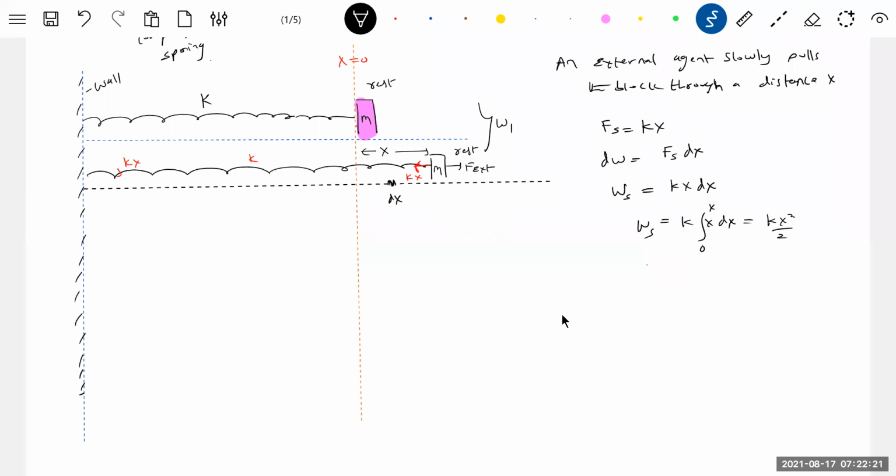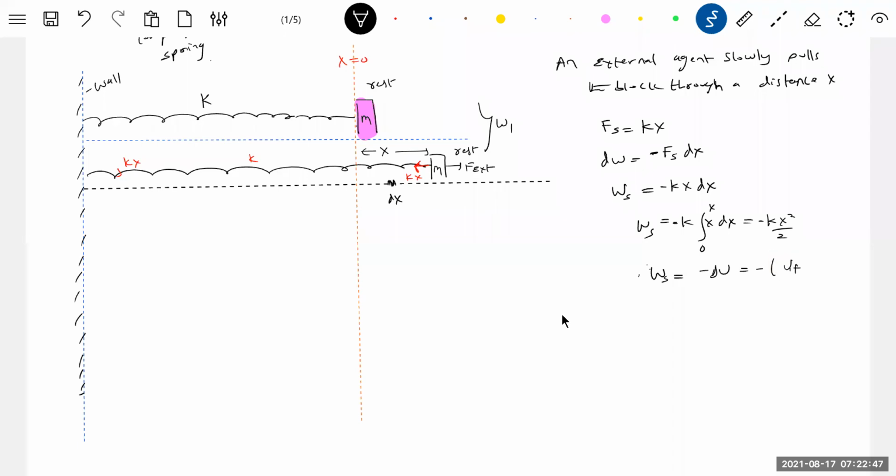Now you can ask questions, sir. It does negative work. Yes, in fact it does negative work. The work done by the spring force, as it is a conservative force, Ws is equal to minus delta U, because the work done by the spring force should be equal to minus delta U. What do you mean by delta U?